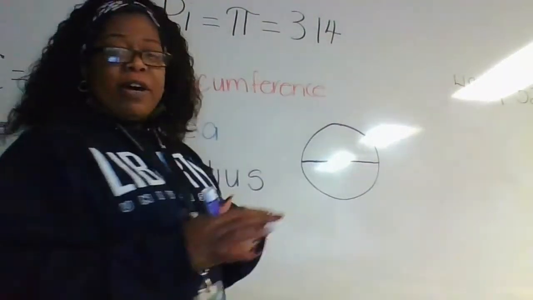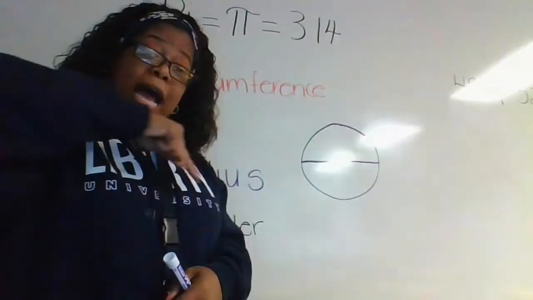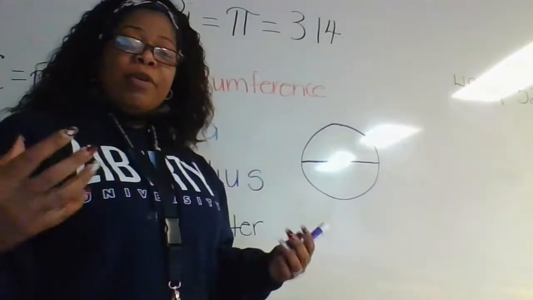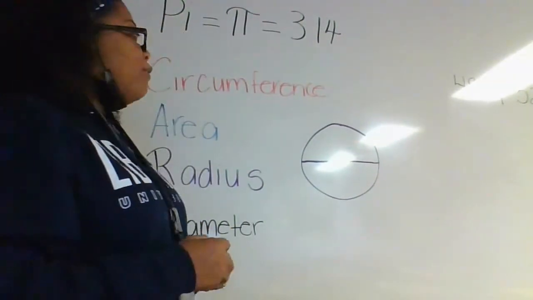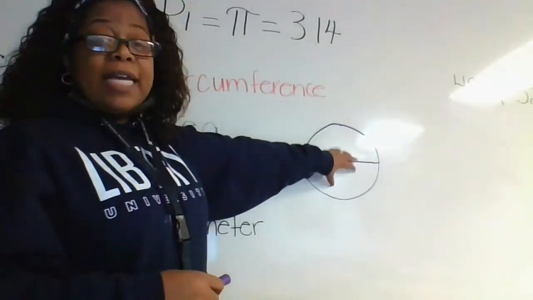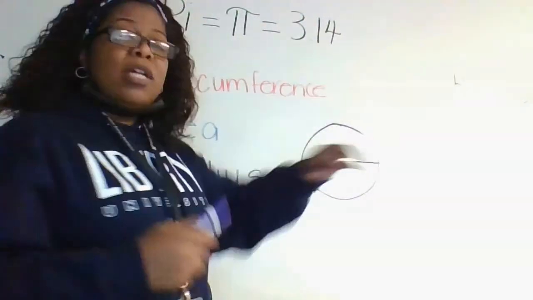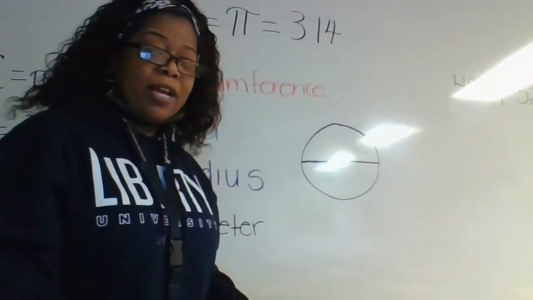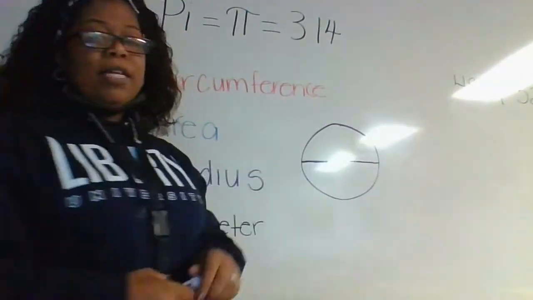And so if I was to order a pizza from Domino's and I trace the outside of the pizza, that would be me tracing the circumference of the pizza. If I wanted to measure what was on the inside, or this space inside of the circle, that is what we call the area. Okay? So circumference outside, area on the inside.